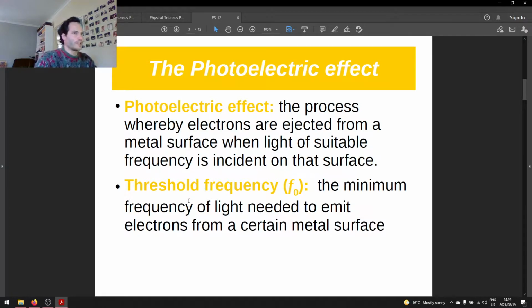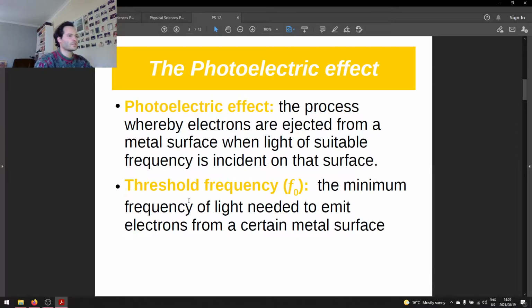Whether an electron is released from a metal surface or not only depends on the energy, thus the frequency, of the photon. It doesn't matter how many photons, in other words, how intense the light is, that does not matter. Even if I've got millions and millions of photons striking the metal, if their frequency is lower than the threshold frequency, no electrons are going to be released.